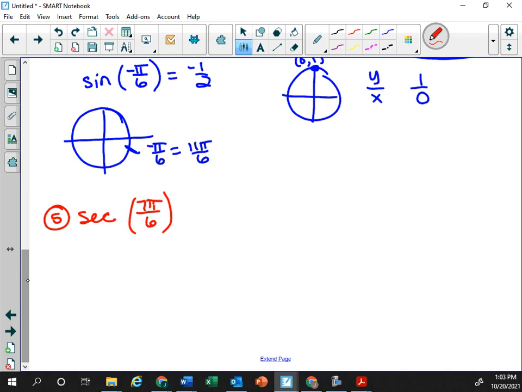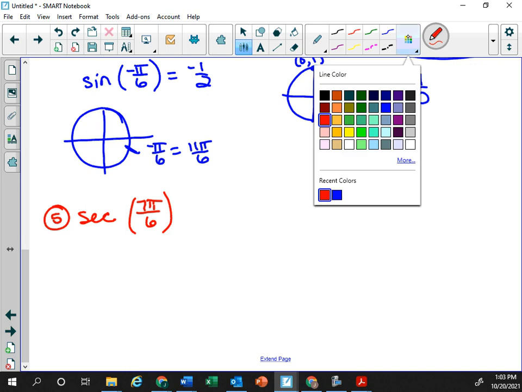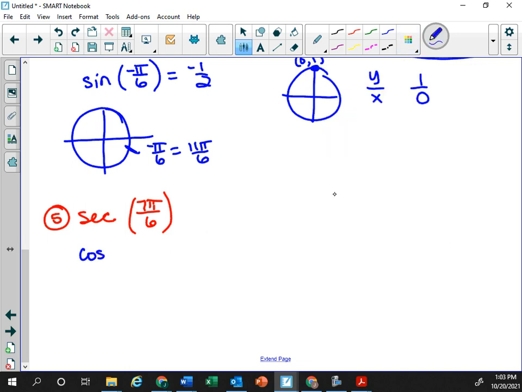What is secant related to? Cosine. So do cosine of 7 pi over 6. Then do the reciprocal. I'll give you guys a second to try that.